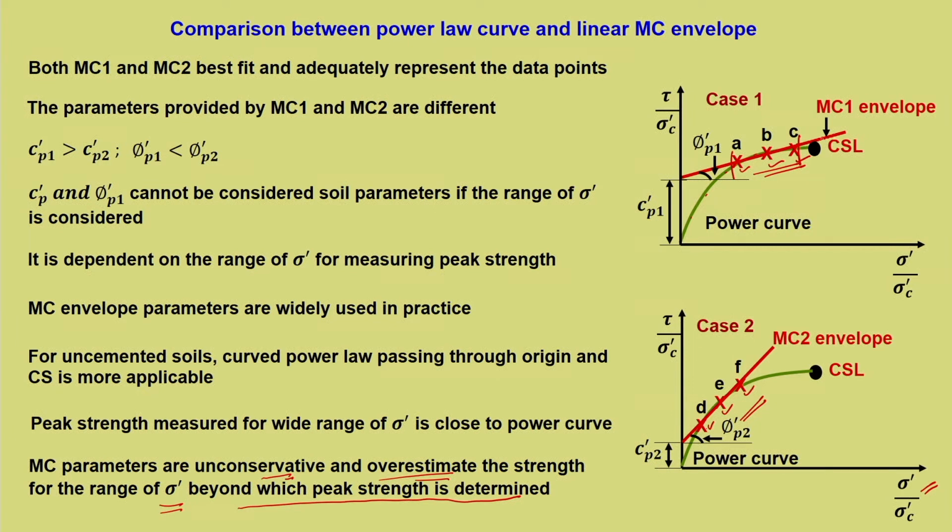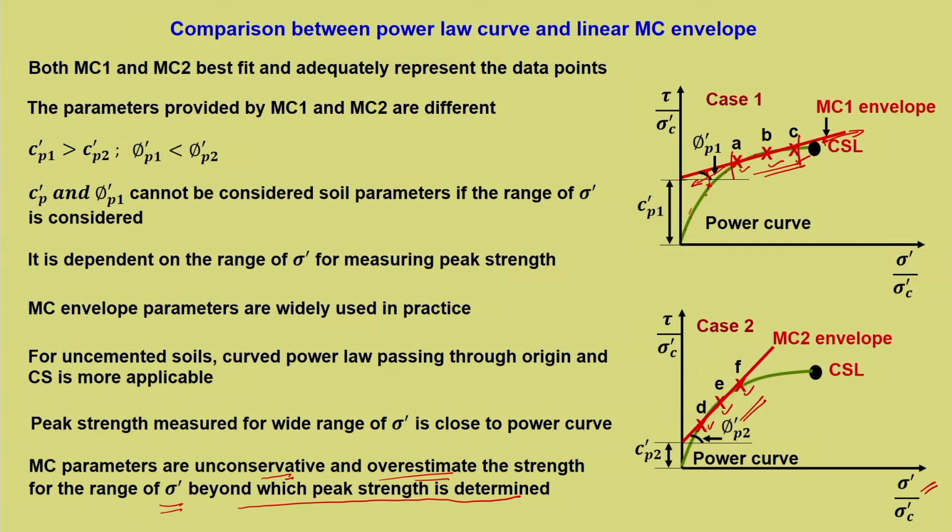But the moment it exceeds the range, towards this side and towards this side, we can see that the Mohr Coulomb failure envelope is above the power curve. If this is the actual strength available, the predicted strength based on Mohr Coulomb towards the lower end is this, and similarly at the upper end it is this. So, it is an overestimation, and whenever we overestimate strength, it becomes more unconservative.